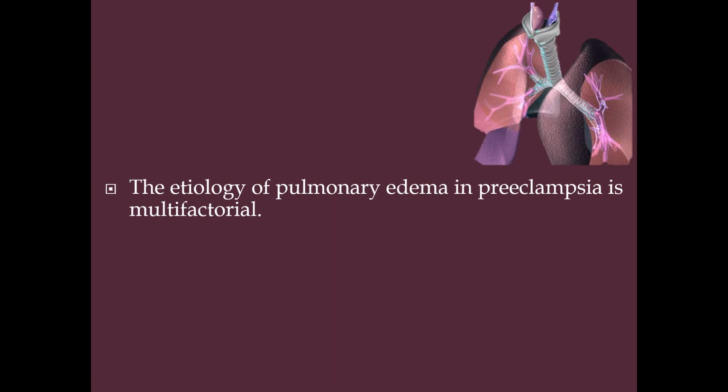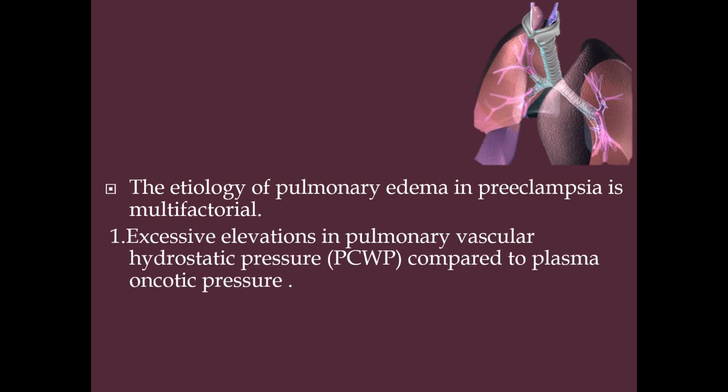Preeclampsia is a disease which is affecting multiple systems in the body. That's why we call it a syndrome. Preeclampsia affects the lung. The etiology of pulmonary edema in preeclampsia is multifactorial.